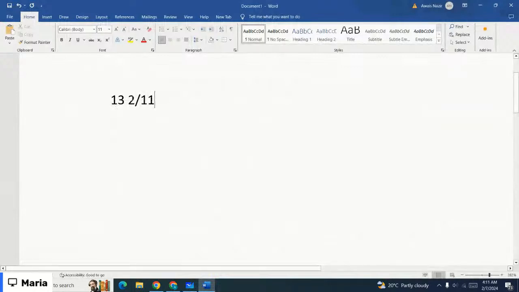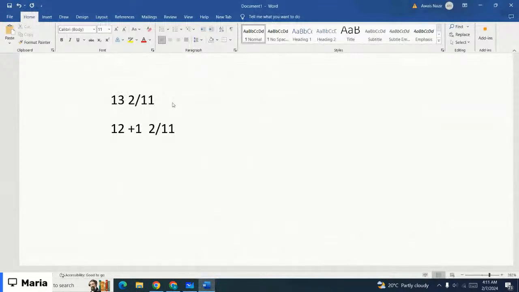You can write 13 as 12 plus 1, and 2 over 11.